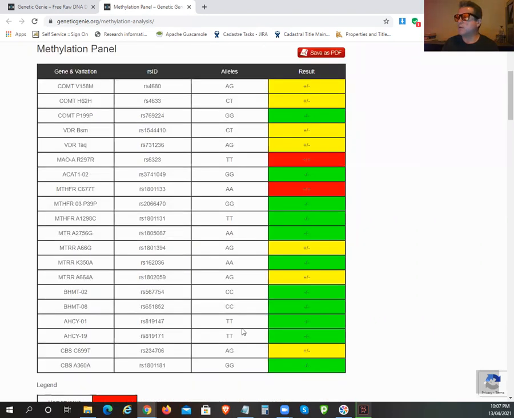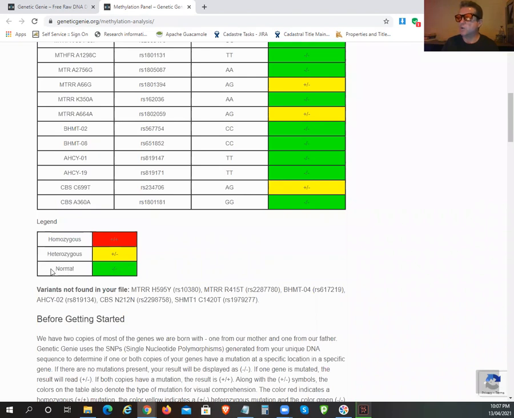So basically all the green ones are what they consider the normal, or what's been identified from studies as the normal in terms of methylation. Homozygous means you've got 2 alleles that are considered negative, and heterozygous means you've got 1 of each.